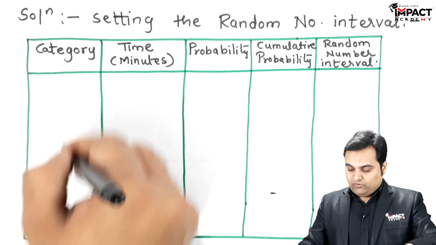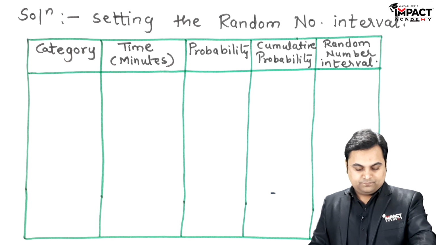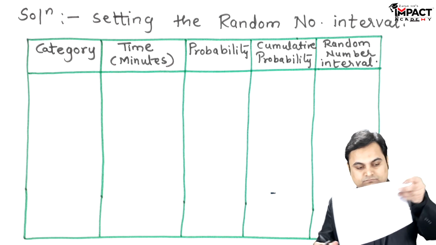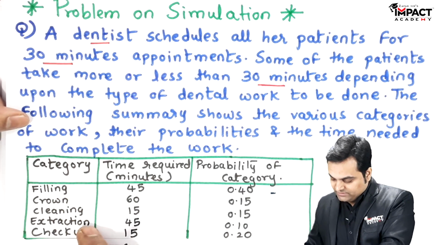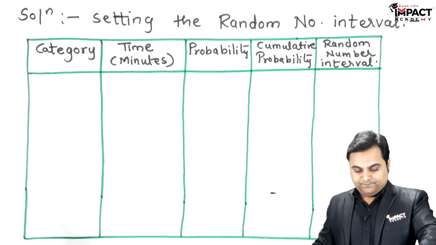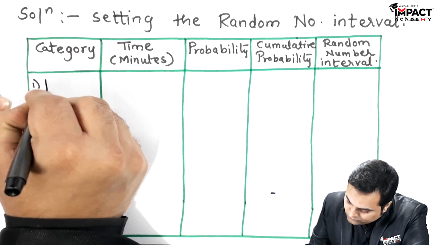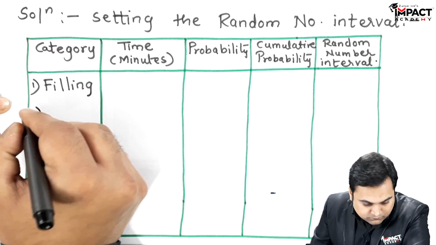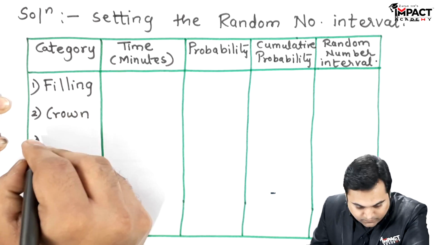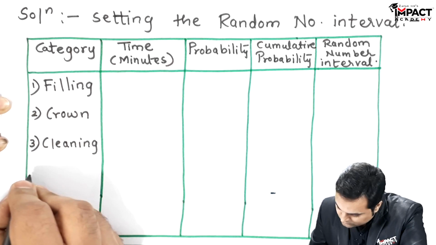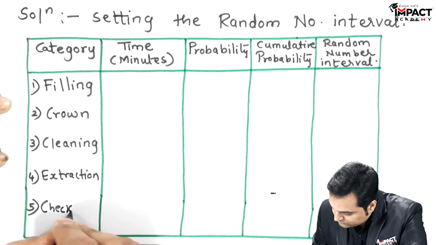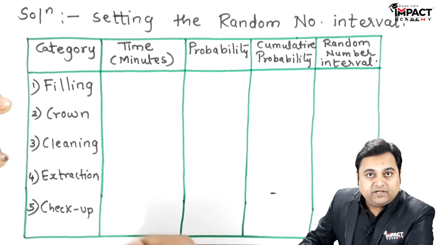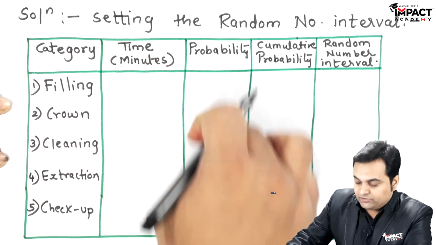The categories of operations which are given: filling, crown, cleaning, extraction and checkup. These I am writing, and the time taken, that I also write here along with the probability.